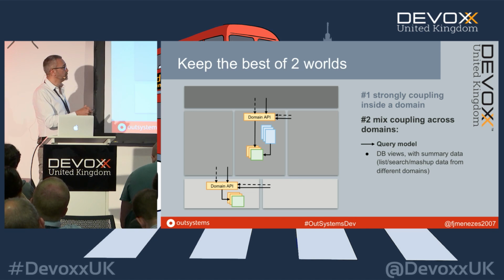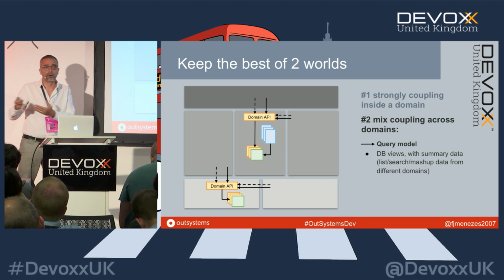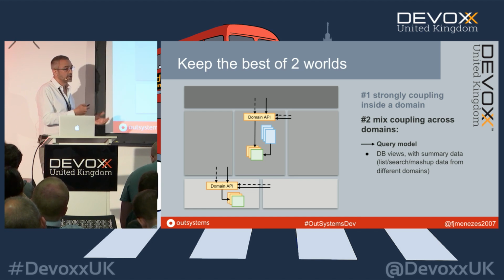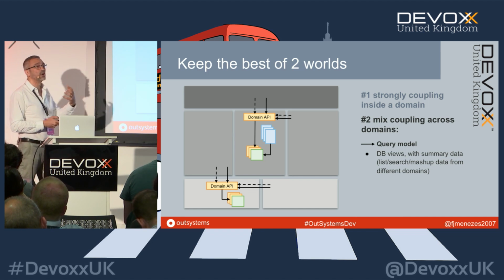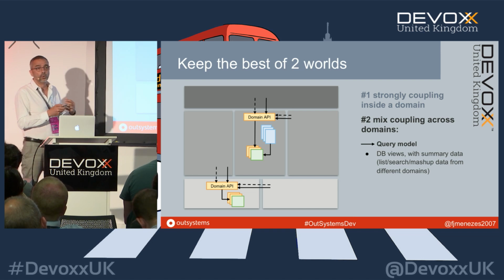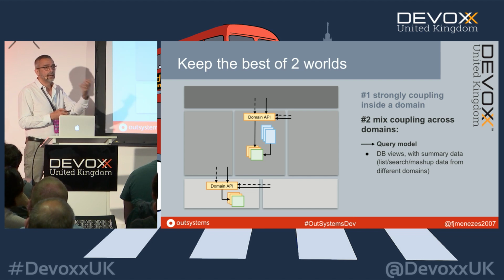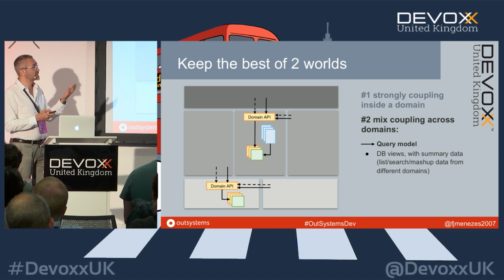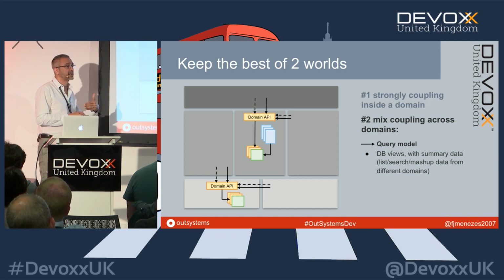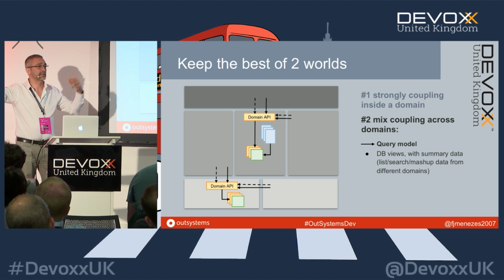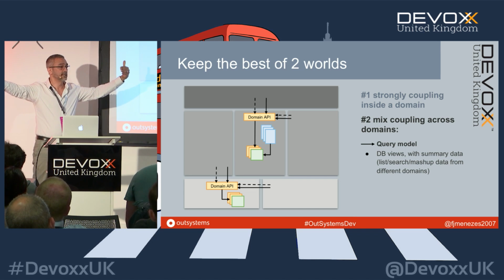With these views, you can actually use the power of the SQL language, and you can mash up information. But the important thing is that this is just a summary. So this is a public read-only view of whatever you want to export. And when I say summary, for instance, I don't need to handle details here, I just need to find me all the customers with this type of contract. Maybe I need to mash up two services, right?